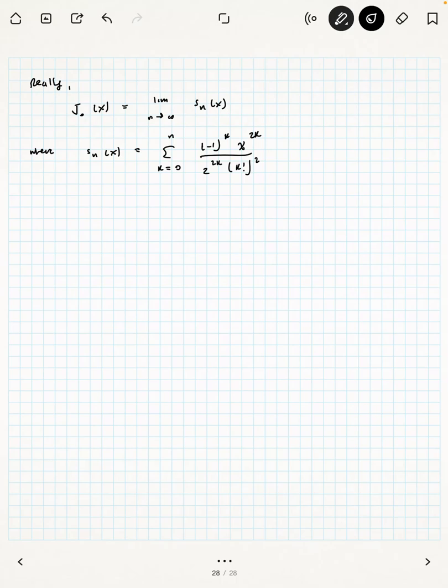The only thing that's different here is the presence of x. But for each x, we assign this sequence of partial sums. So in other words, we're revisiting the concept of series, but each different x has a series definition.